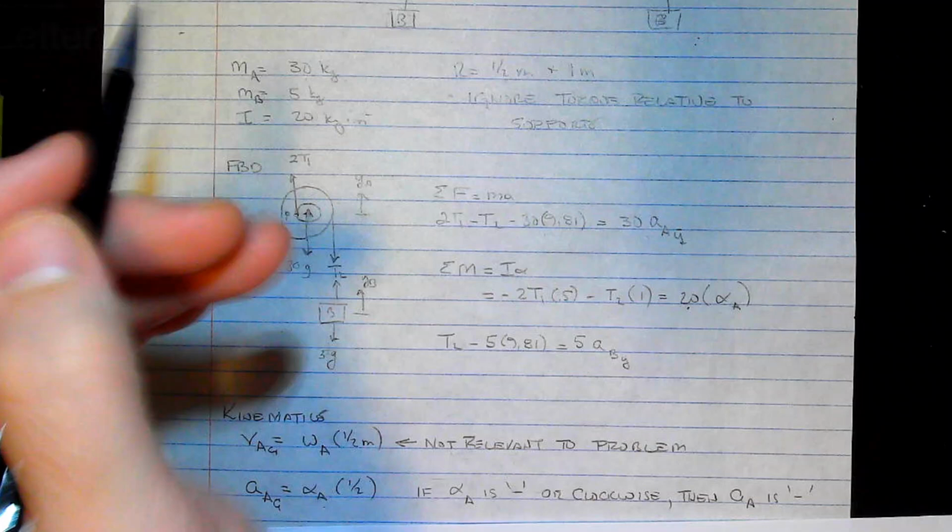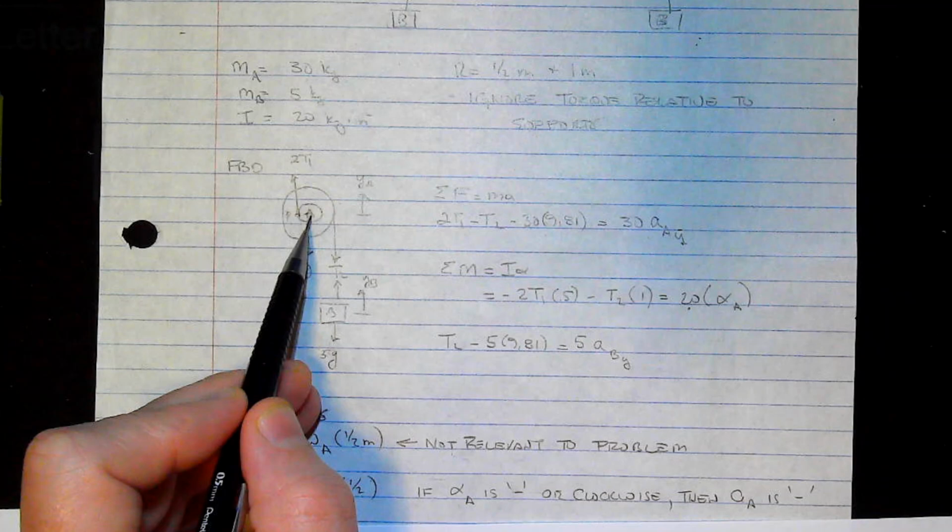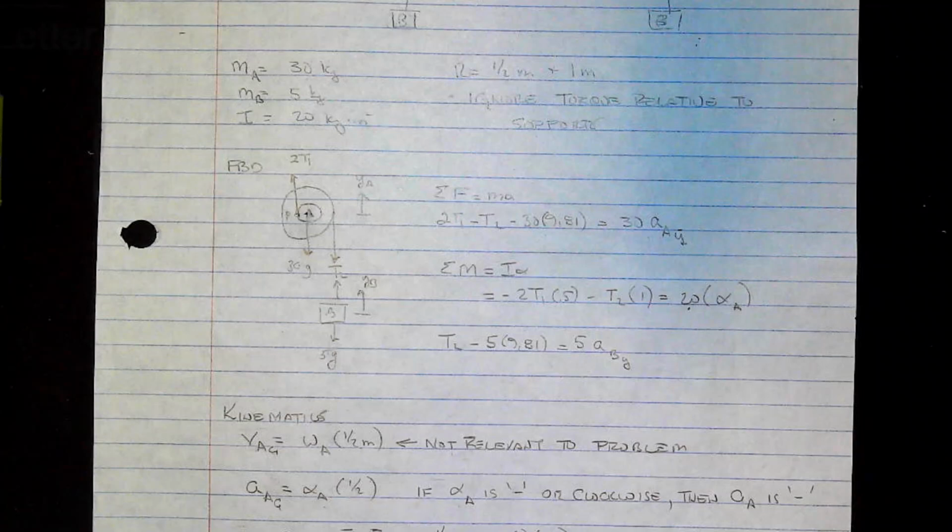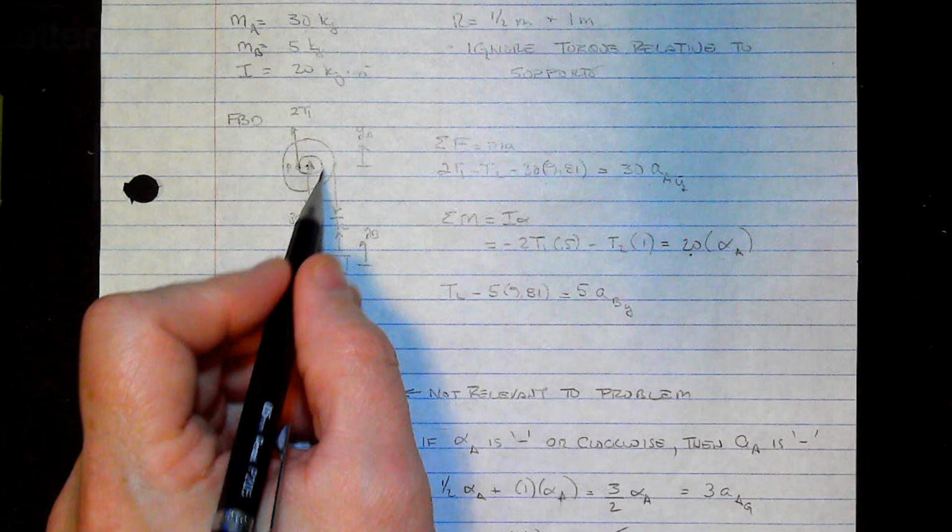And then we have the rope coming off; we'll cut the rope and put a tension in there. That's tension 2, which is related to the box B. Looking at box B, it is 5 kilograms, so 5G is the weight, and T2 is the tension supporting it. And so we're ready to start writing equations.